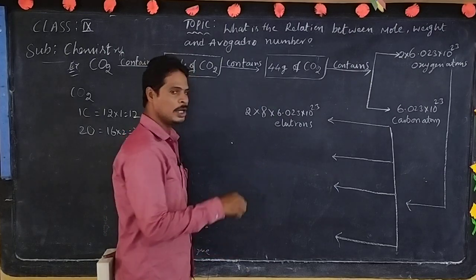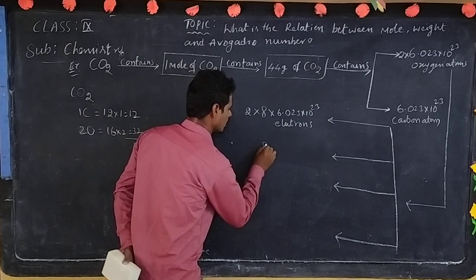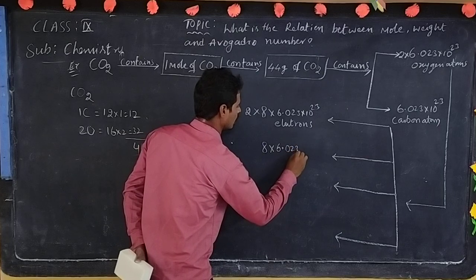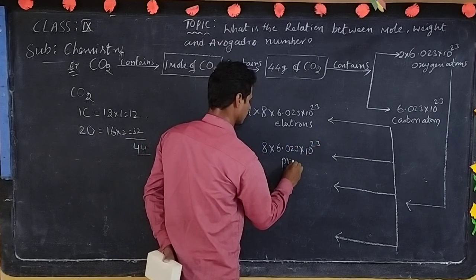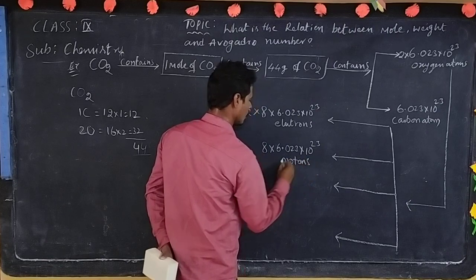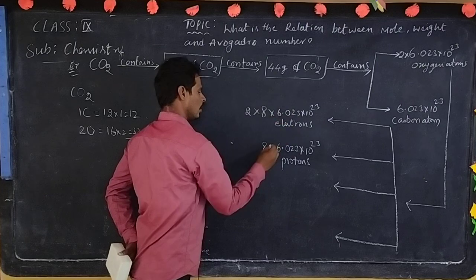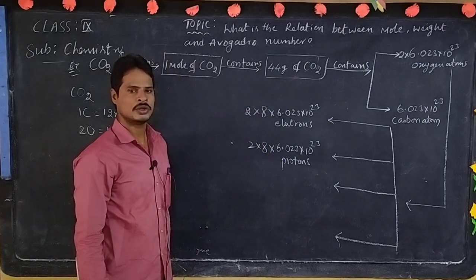Here how many protons are there? 8 protons. 1 oxygen equals 8 protons, so 8 into 6.023 into 10 to the power 23 protons. But here there are 2 oxygens, so 2 into 8.